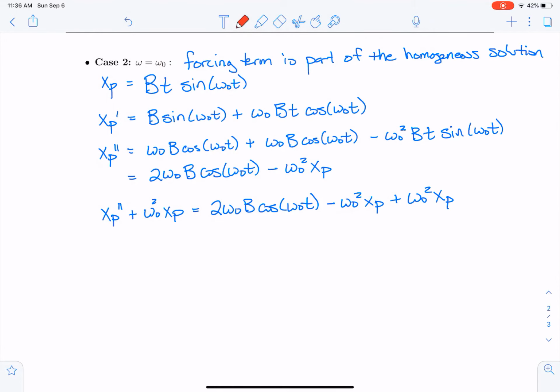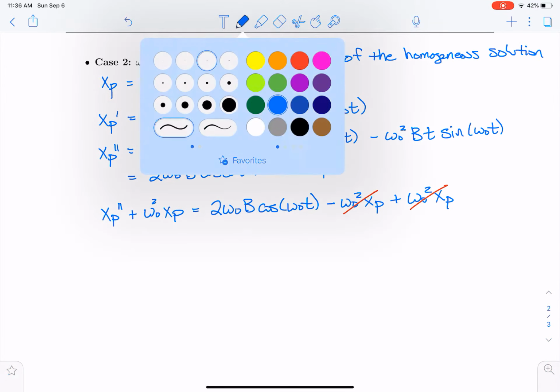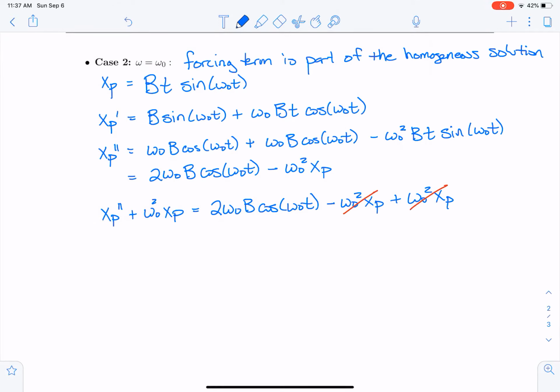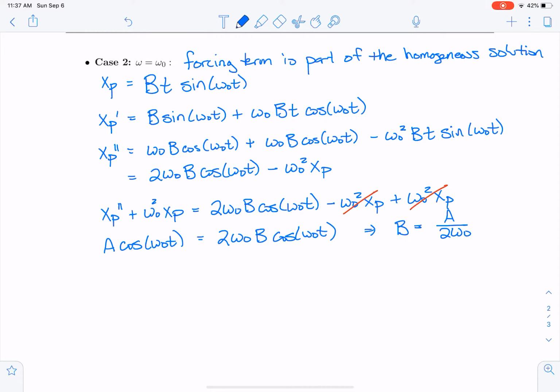So notice that the omega 0 squared xp both cancel. Well, that actually allows me to set this equal to a cosine omega 0 t, because that was my forcing term, and I'm going to set that equal to 2 omega 0 b cosine of omega 0 t. So b is equal to a over 2 omega 0.